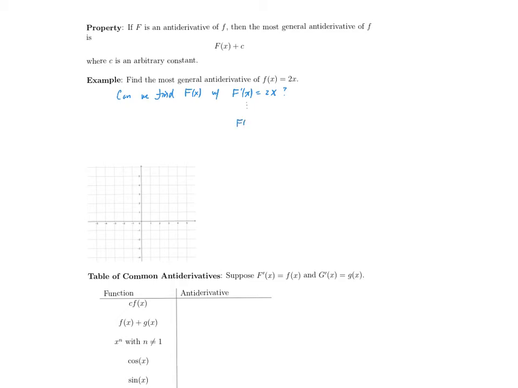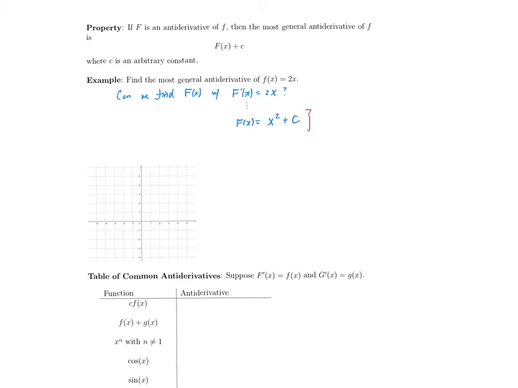And there's immediately one function that comes to mind, x squared. Now note, x squared is an antiderivative, but there are many more possible antiderivatives. The most general antiderivative is when we add in a plus c, where c is representing any possible constant.